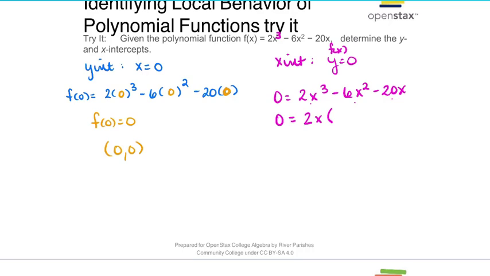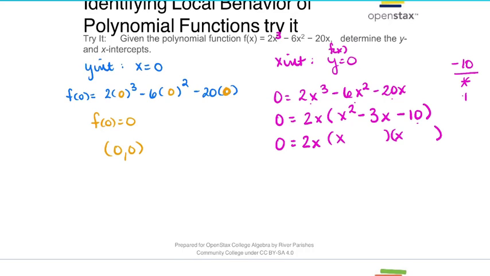So if I factor that out, that would leave x squared minus 3x minus 10. Then 2x times x squared minus 3x minus 10 would factor into two binomials, x being the lead of each. Then the factors of 10 that you would multiply to get 10, but add to get the middle term, which is negative 3. What would those be?